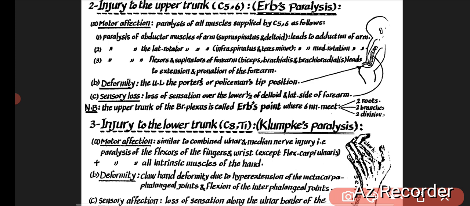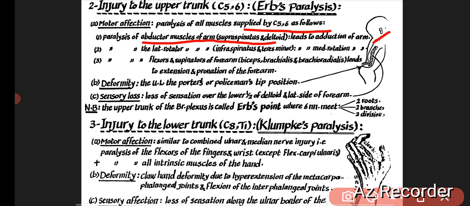Now we will read the portion of the Erb's palsy. What is the motor affection? Paralysis of all the muscles supplied by C5, C6 as follows. Paralysis of the abductor muscles of the arm, such as supraspinatus and deltoid, leads to adduction of the arm.